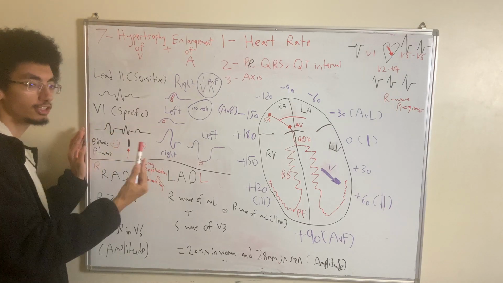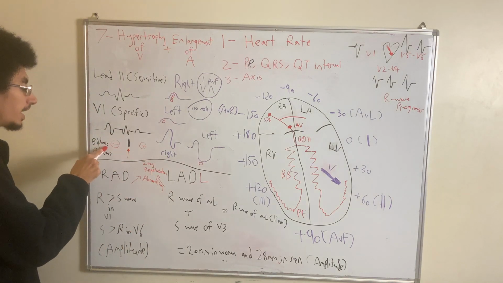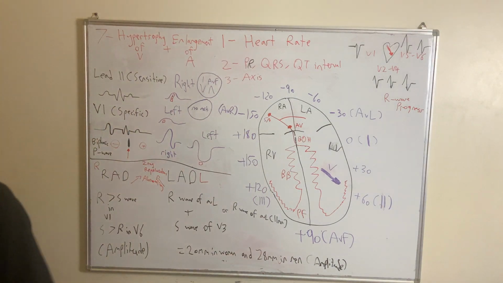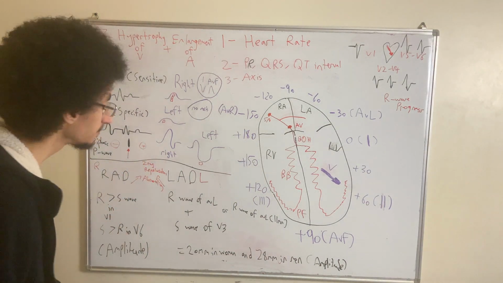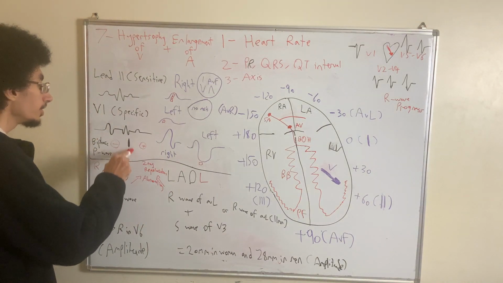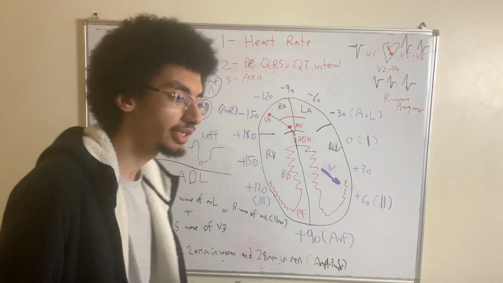So a positive deflection first, then a negative deflection, the combination produces a biphasic wave. But how? Very simply. Here we have a positive electrode of V1 and a negative electrode of V1. And here we have the wave of depolarization of what's going on in the SA node.